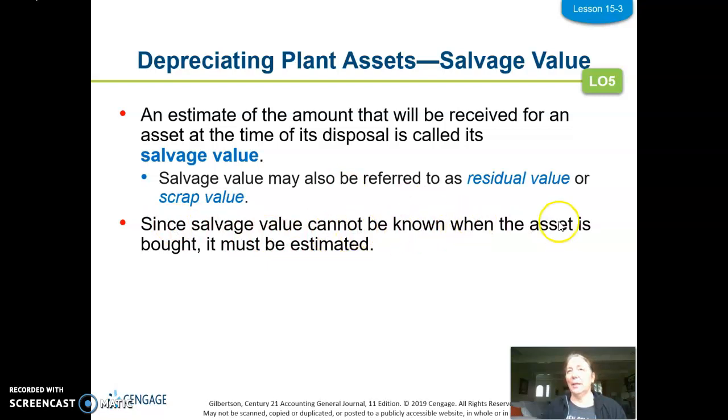Since it can't be known when the asset is bought, this is an estimate. So I think we've talked about this before. SWAG, serious wild ass guess. So it is an estimate. It's judgment that's involved for salvage value. Original cost, factual, no judgment. Salvage value, a fair amount of judgment.